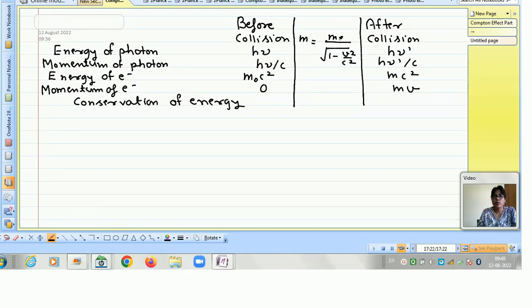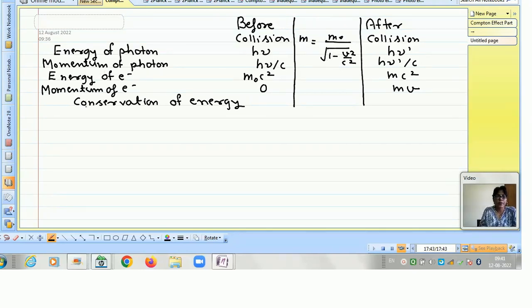Here m naught is the rest mass. If we put v equal to 0, then m is equal to m naught, and if v is close to c or equal to c, then it will become infinite. So the mass is increasing continuously with the increase in velocity. See, this is the relativistic effect. This relation we will use later on.